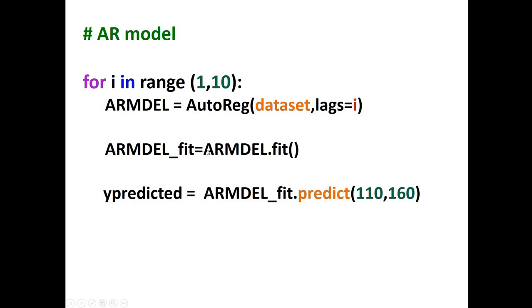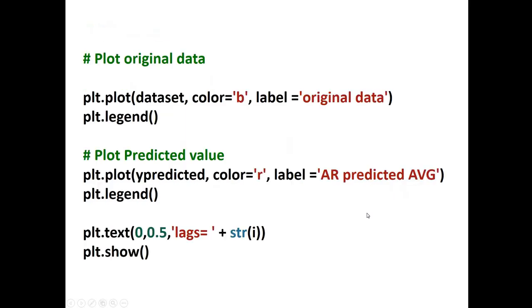That means in this loop you are looping over a lag order from 1 to 9, and you would like to see the effect of lag order, and you will be predicting the values further. I mean, you had up to 109 data, 110 to 160. This many data will be projected and forecasted.